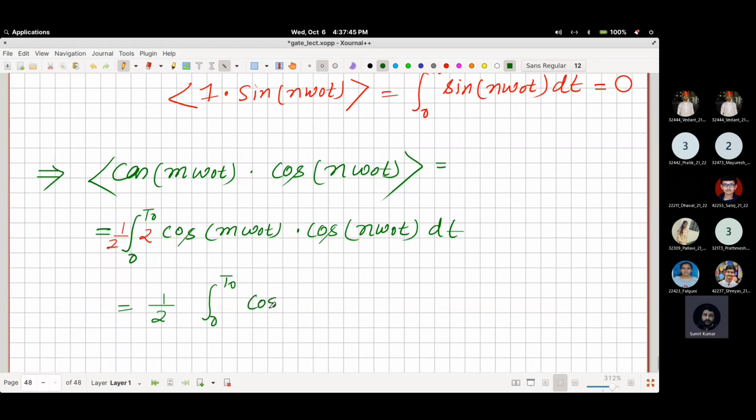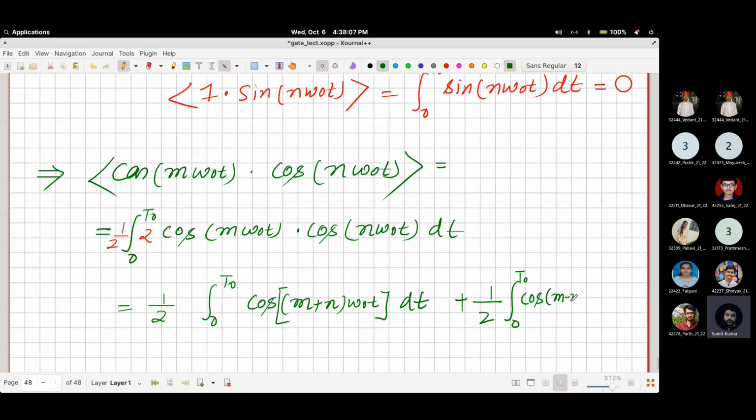So what we will be getting is cos m plus n omega naught t and dt here, and plus we have another part that is integration 0 to t naught, and what this is going to be cos m minus n omega naught t, and then you will have dt.